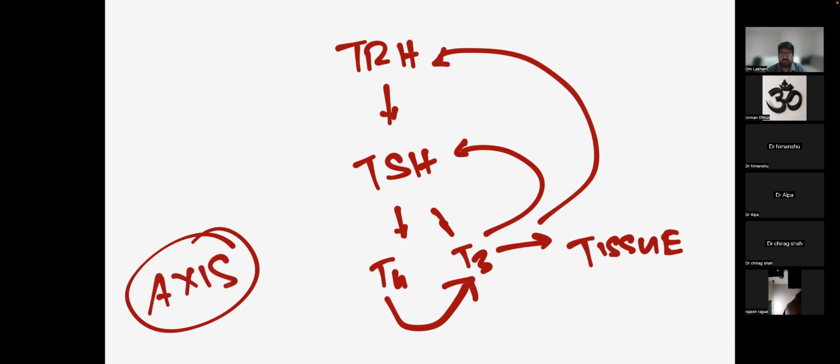This is the axis which we all learned in physiology, but I'm reinforcing this as an important point. This is how thyroid function really happens. Remember, what we generally prescribe, T4, is a pro-hormone, which ultimately acts through T3. Again, just a reminder, we'll not be discussing the virtues of T3 management. A lot of people would have questions on T3, but we'll discuss that as a separate topic because there are a lot of nuances there as well.